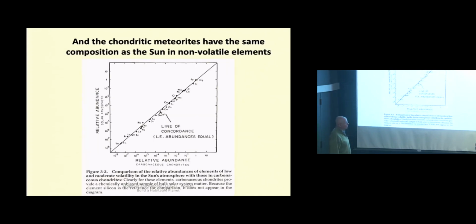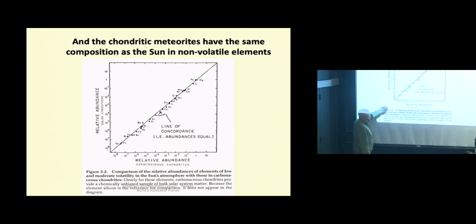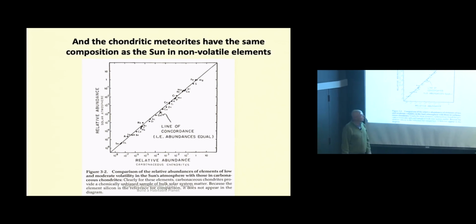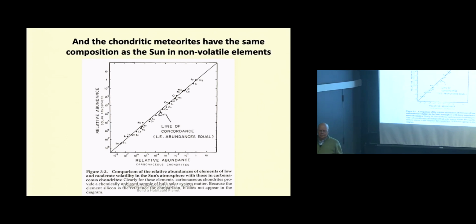And if you look at the composition of the chondrites, and you compare it to the composition of the sun, you find that the relative abundances of the elements in the chondrites are the same as the abundances of the elements in the sun. The sun's elements are determined by looking at its spectrum. Of course, they're not the same in terms of hydrogen and helium and the noble gases and things like that.